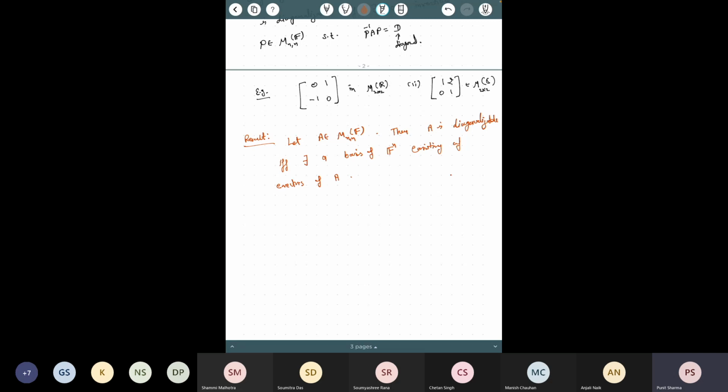Let A be an n cross n matrix over C. Then there exists an invertible P such that P inverse AP is upper triangular, so A is upper triangularizable.